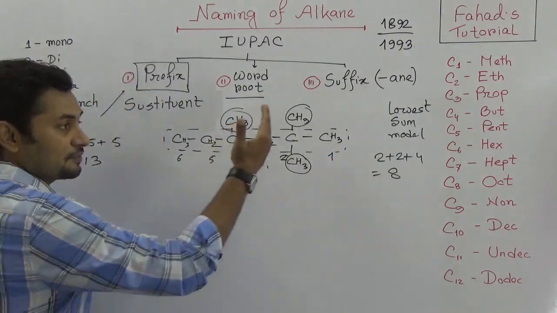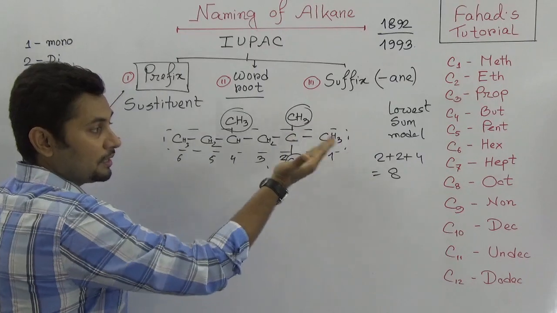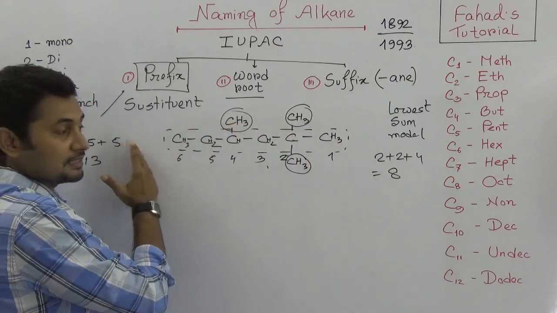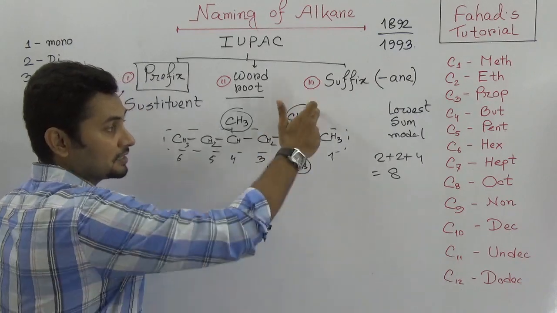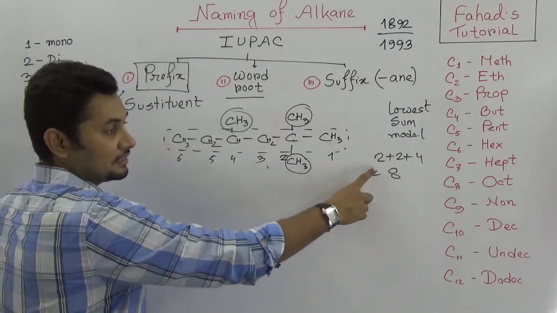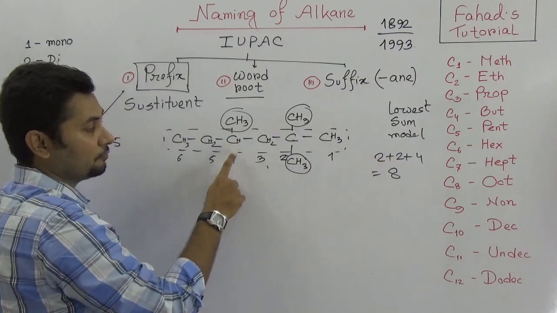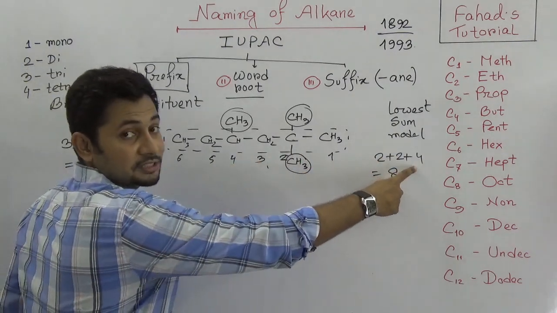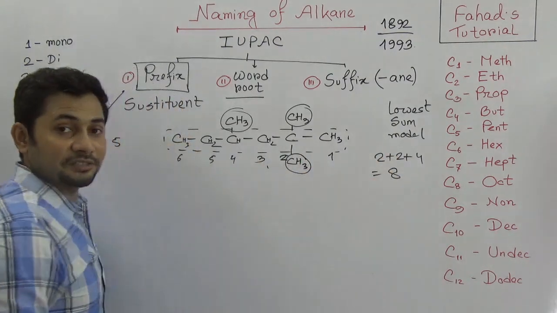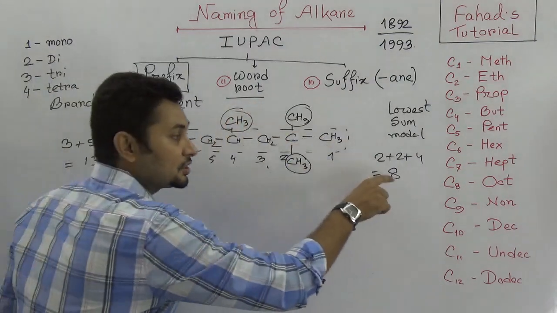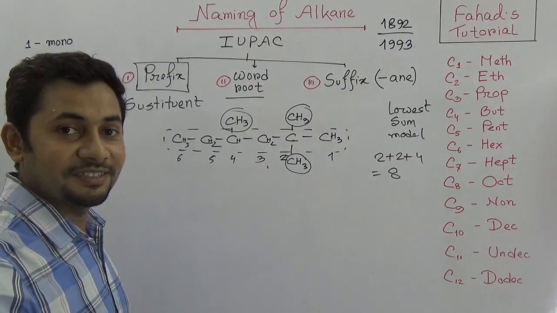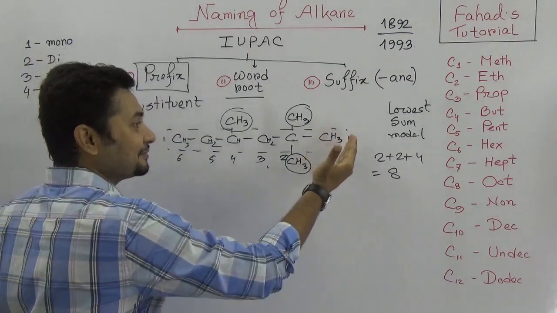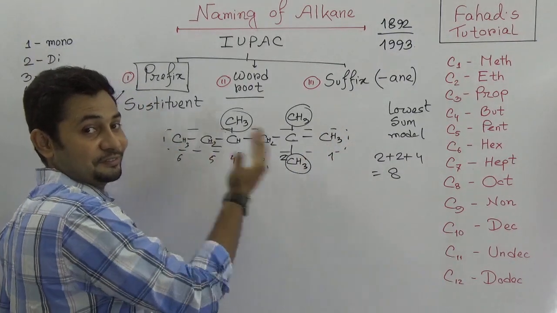So if we start from this side, 1, 2, 3, 4, 5, 6, the second carbon is occupied with 2 branches, 2 methyl. So 2 plus 2, and number 4 carbon is occupied with another branch. So together this is 8. So that should be my choice. So I need to count the carbon from right to left, not left to right.